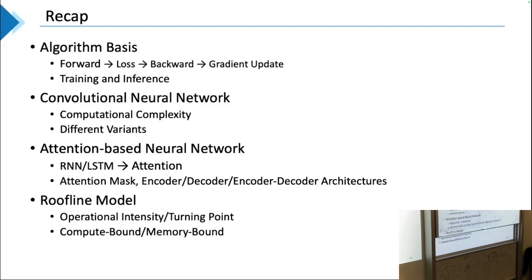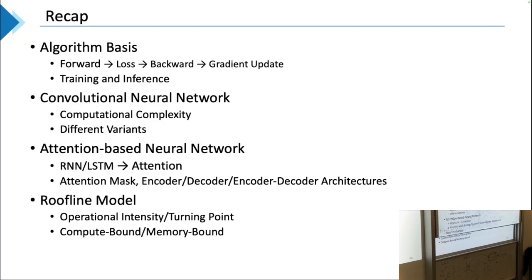In this lecture, the deep learning basics we want you to have are already listed in this recap slide. You need to understand what the forward pass, backward pass, loss computation, and training and inference are, from a single neuron to multi-layer perceptrons.